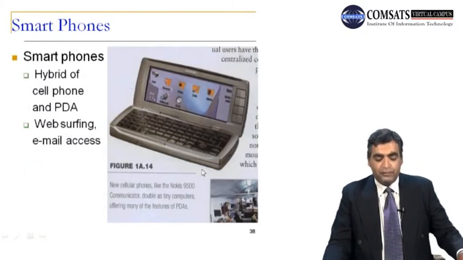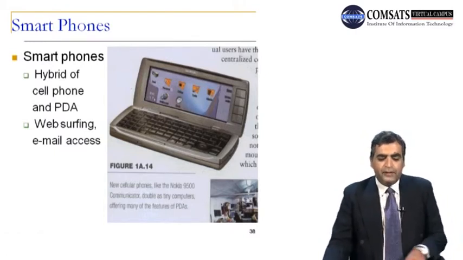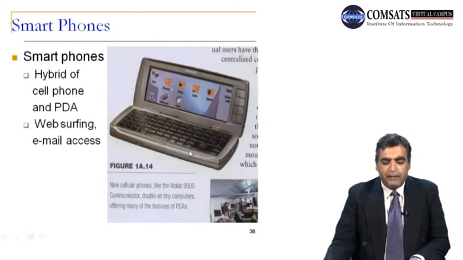Next come the smartphones, which are very popular nowadays. The smartphone is basically a hybrid of a cellular phone and a PDA. The figure shows the Nokia 9500 communicator. It doubles as a tiny computer, offering many of the features of the PDAs.